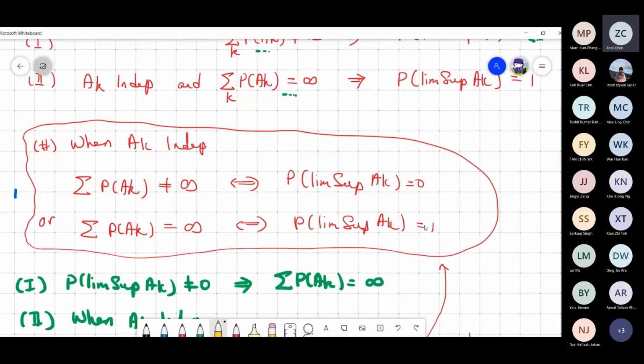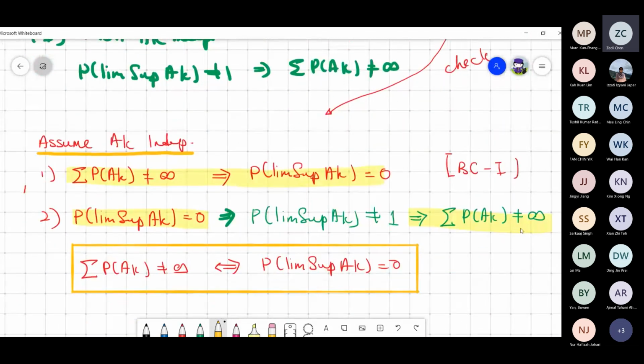Infinity, it must be 1. So that's why we also call this a 0-1 law, because when AK is independent, then P lim sub AK has no choice, it must be either 0 or 1. But anyway, this is actually out of the topic here. Just to let you know, we can have such a nice relationship, or phenomenon, when we consider a sequence of independent events.